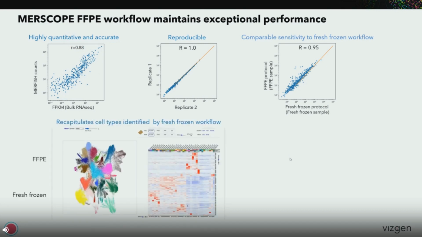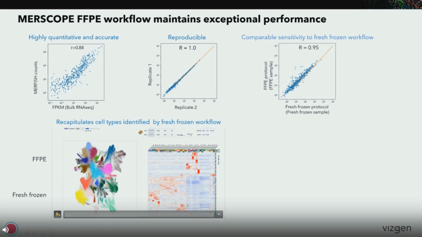MERSCOPE's high spatial resolution allows a true cell atlas, and we are able to perform cell type identification. Using this, we can now characterize whether we can recapitulate the cell types identified by the fresh frozen workflow in FFPE samples or not.